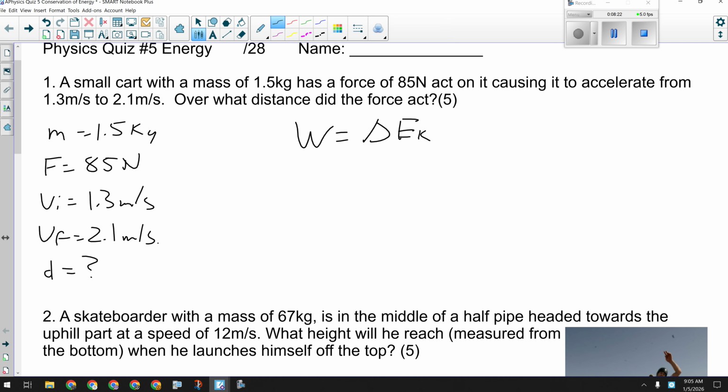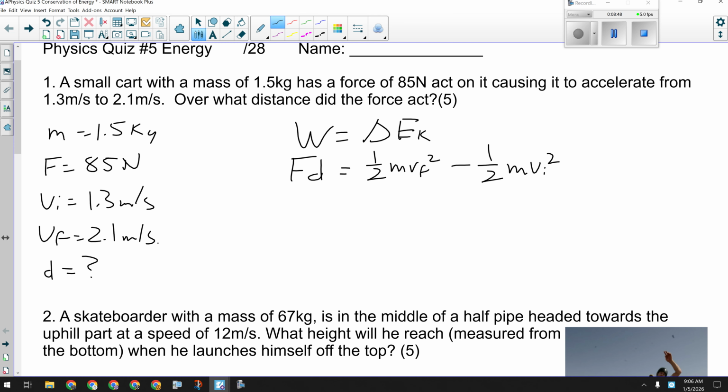Okay, we know we can calculate work by multiplying force and distance. I have force. Question wants me to solve for distance. And change in energy is final minus initial. So that would be like 1/2 m v final squared, my final kinetic energy, minus 1/2 m v initial squared.